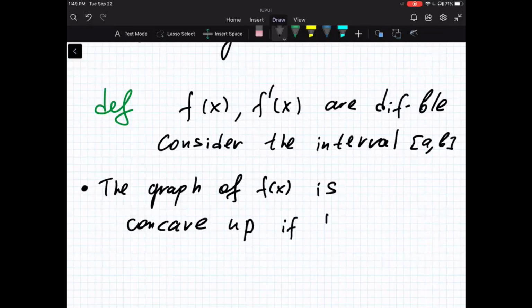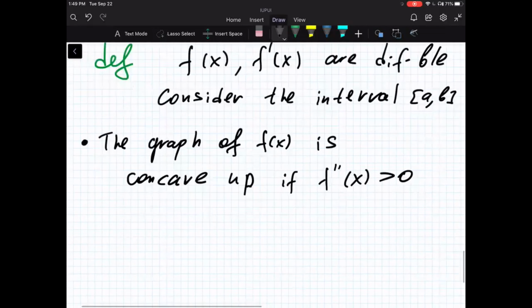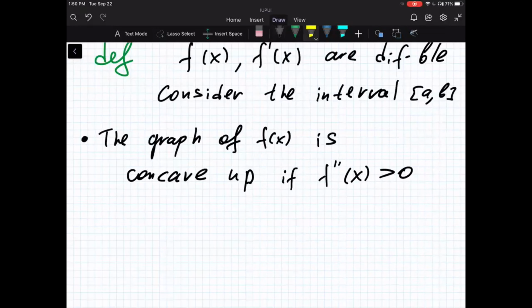If f double prime of x is positive, the graph looks like this.